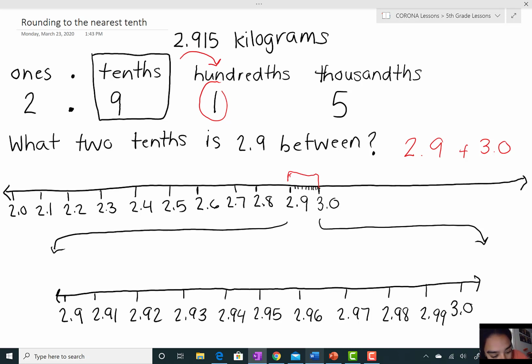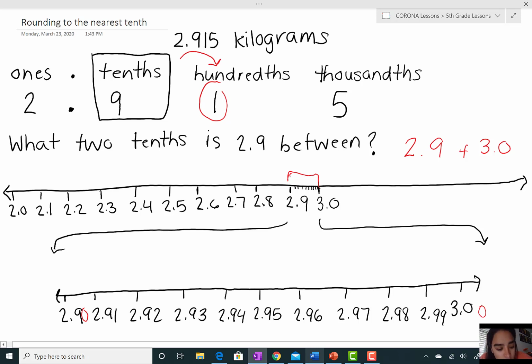If I was to write this, this would really be 2 and 90 hundredths. So I have 2 and 90 hundredths, 2 and 91 hundredths, 2 and 92 hundredths, 2 and 93 hundredths, 2 and 94 hundredths, 2 and 95 hundredths, 2 and 96 hundredths, 2 and 97 hundredths, 2 and 98 hundredths, 2 and 99 hundredths, and 3 and 0 hundredths, okay?